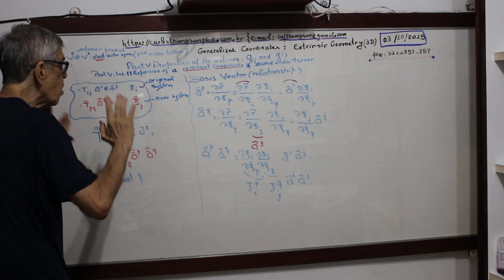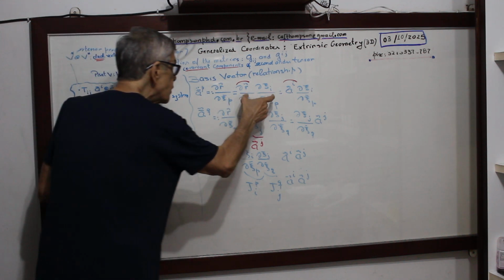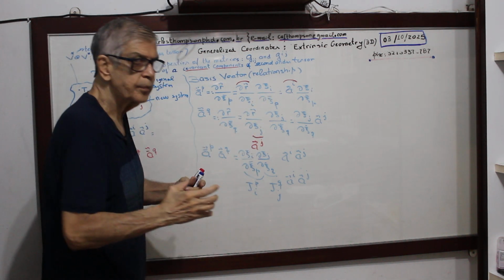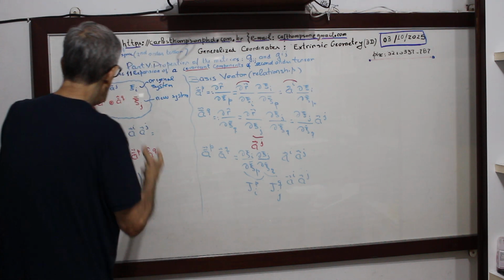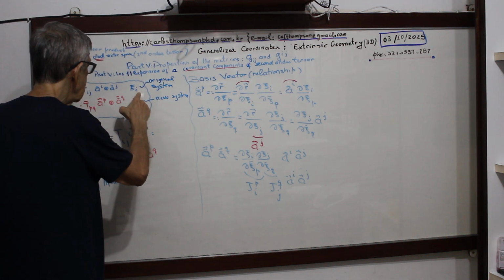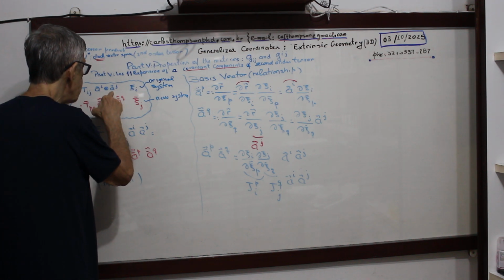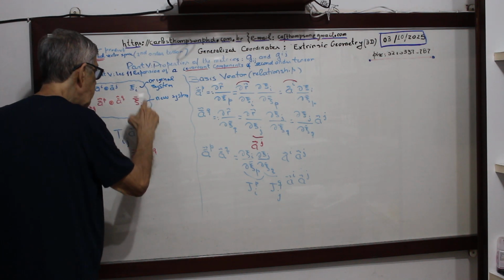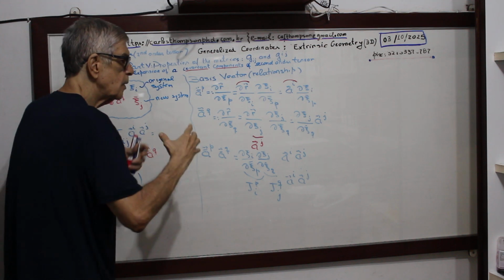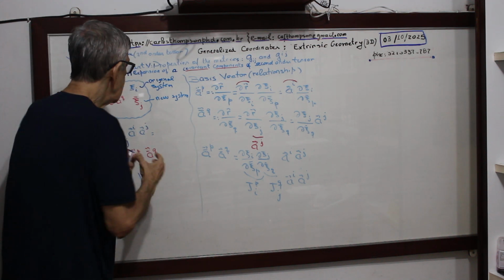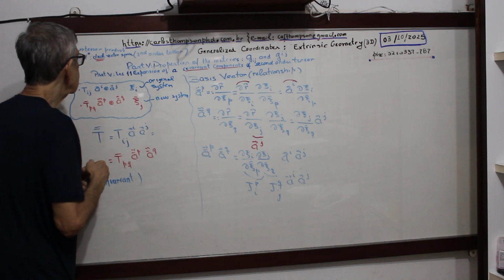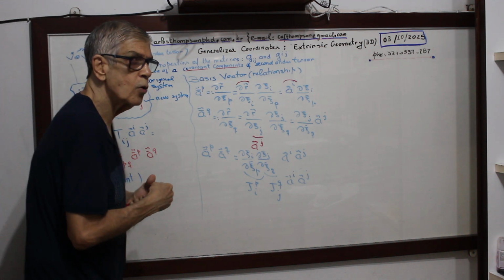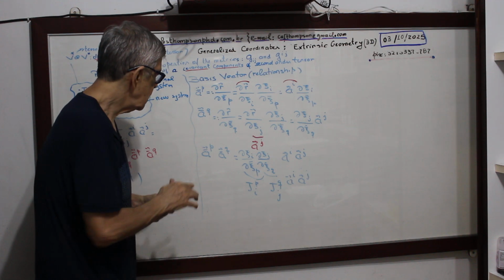Attention now: coordinates are contravariant because the basis is contravariant. Components are covariant. Why? Because they belong to this tensor product, the dual tensor product. Okay? That's it.